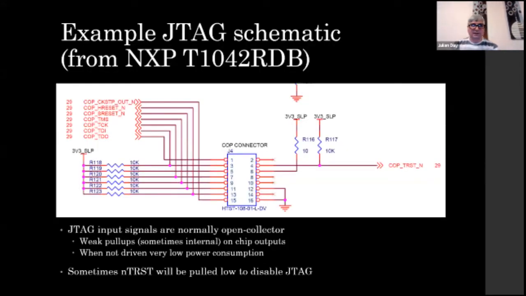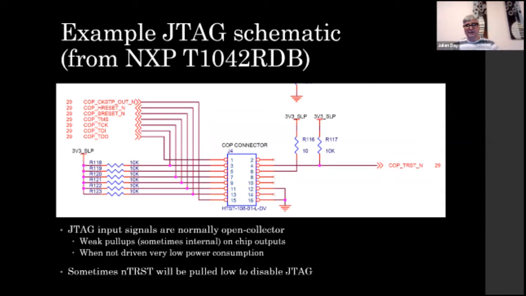In terms of a schematic view of things, this is off a real board, a PowerPC board from NXP. The normal way that these are connected up, you can see here the 4 JTAG pins: TMS, TCK, TDI, and TDO. The input pins, TMS, TCK, and TDI, are all used with pull-up resistors.